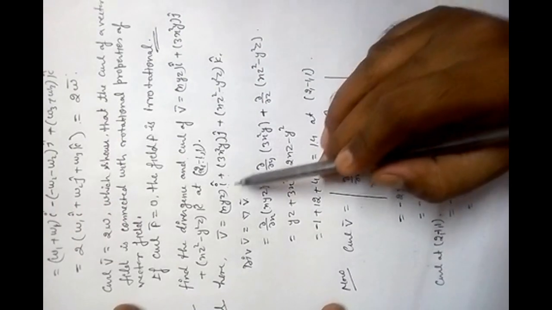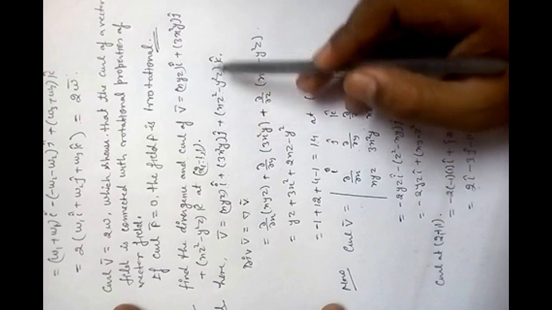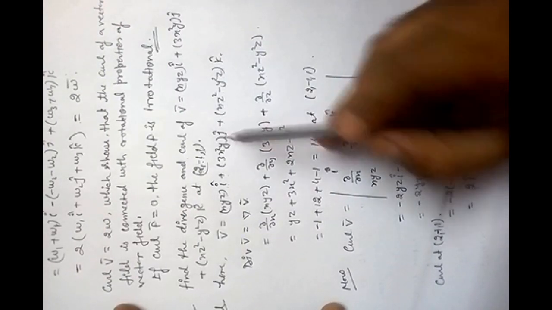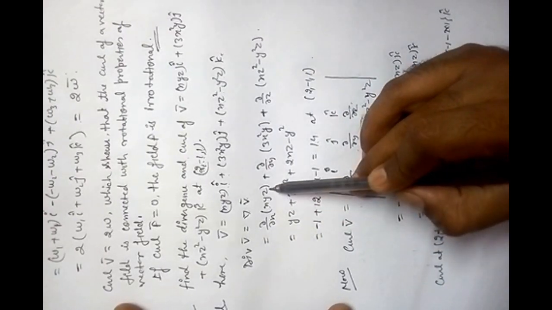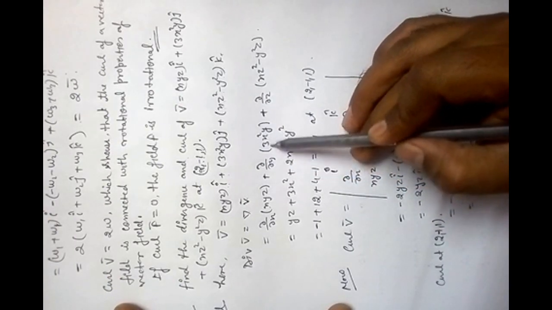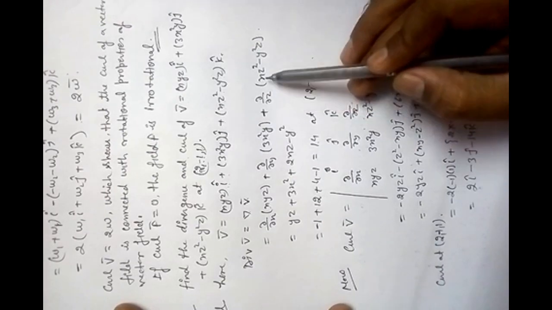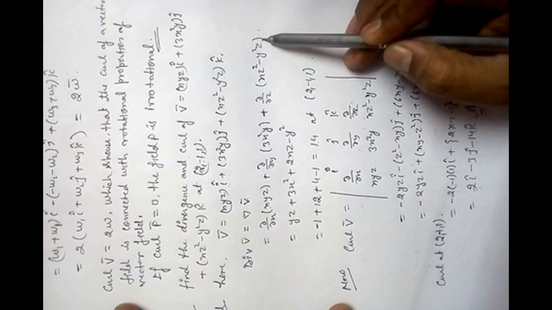So we know that i dot i is 1, j dot j is 1, and k dot k is 1, and other values are 0. So we get del by del x of only xyz plus del by del y of 3x square y plus del by del z of xz square minus y square z.